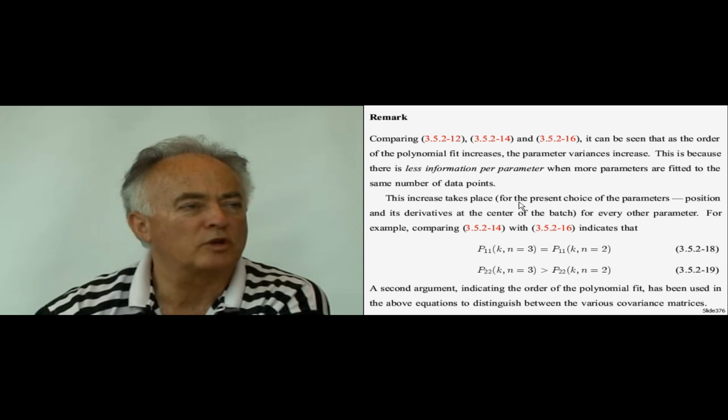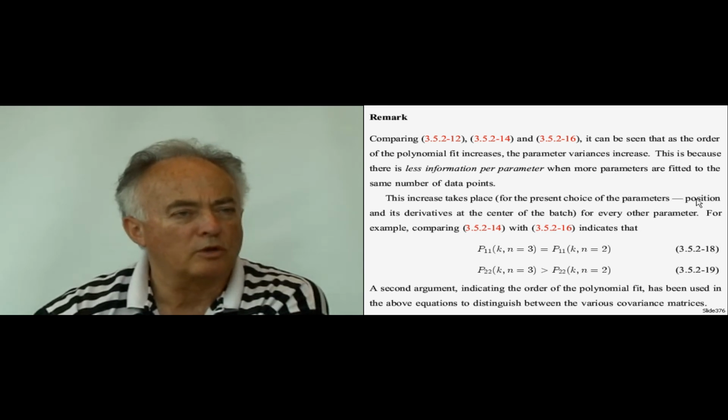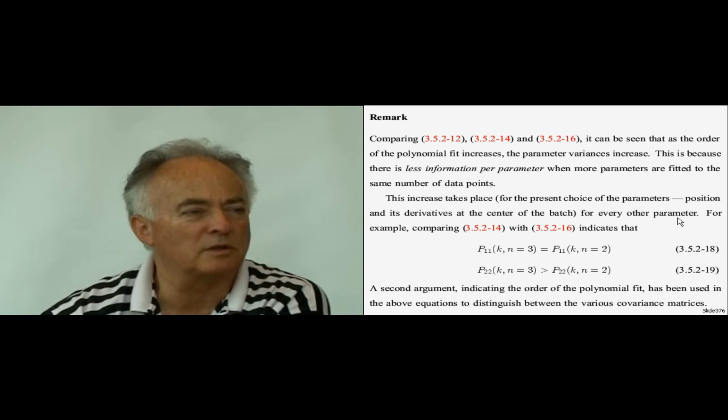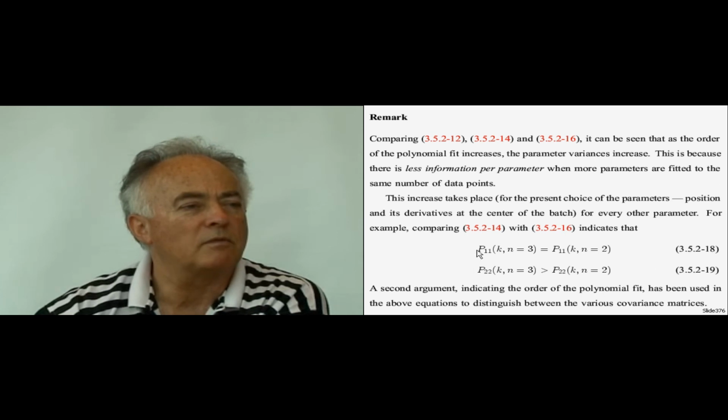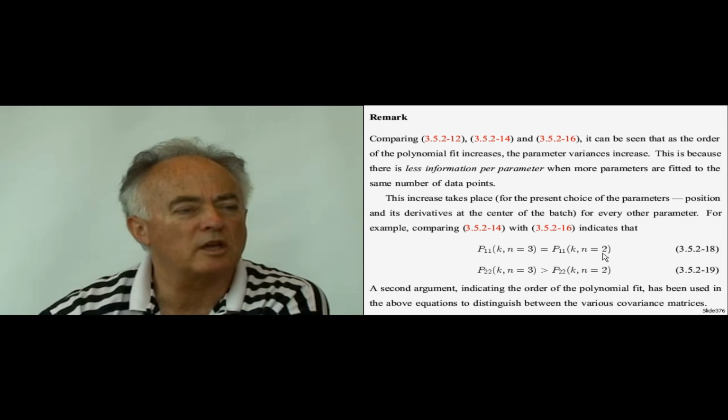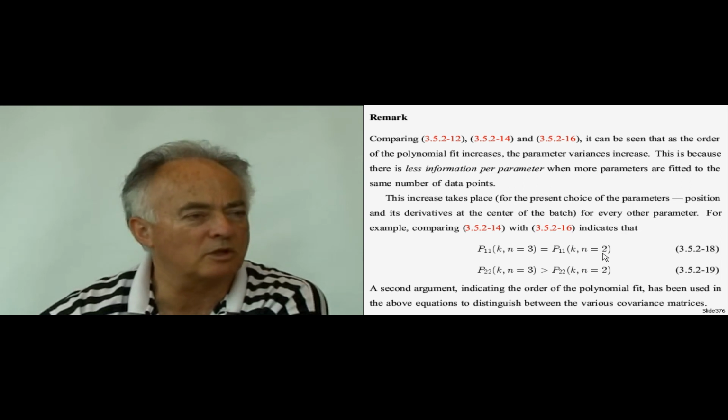For the choice of the reference time, as we have done here, the parameter estimates will be position and its derivative at the center of the batch. These increases take place for every other parameter. Namely, n equal to 3 will be a parabola, n equal to 2 will be a straight line, there's 2 parameters.